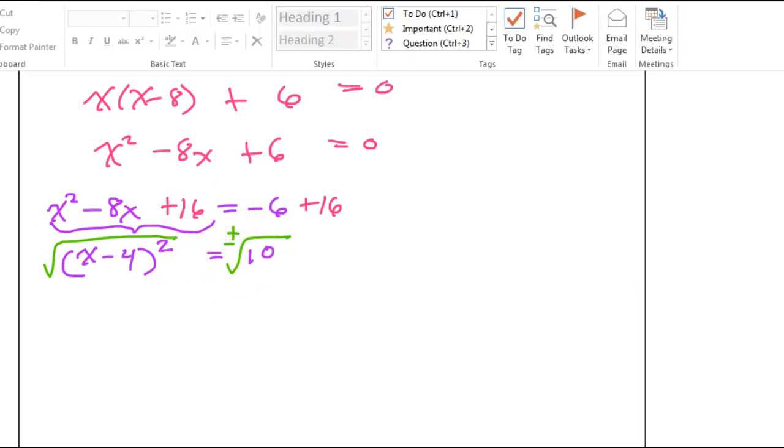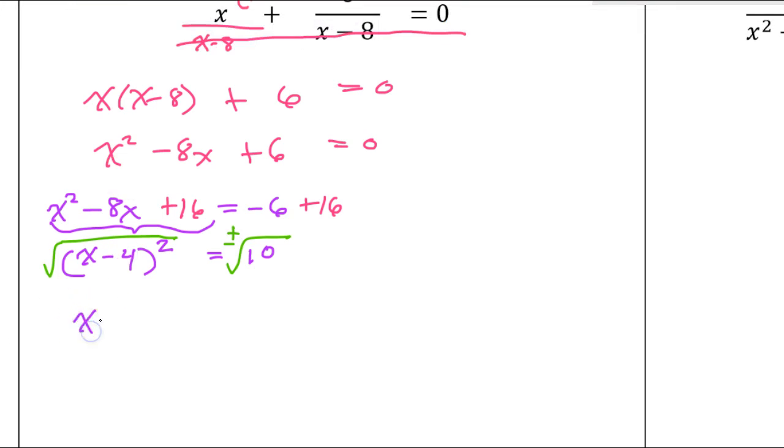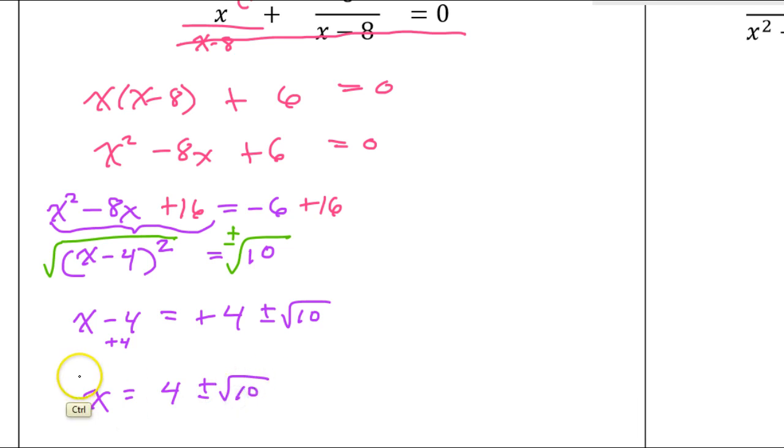Super important. So that's going to give me x minus 4 is equal to plus or minus radical 10. And then if I add 4 to both sides, there's your answer. x is equal to 4 plus or minus radical 10.